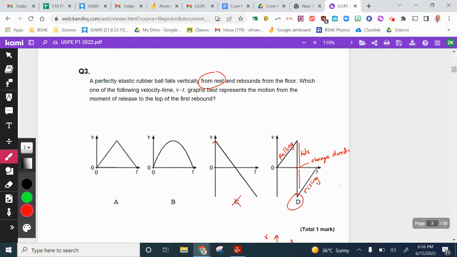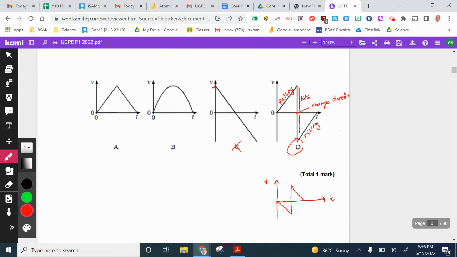And also, as the ball is falling, the gradient is constant and fall is under the force of gravity. So 9.81 is the acceleration, and that's the gradient in both scenarios. Now, in reality, we should draw it like this because we know that when a ball falls downward is a negative direction, a negative value, and then upwards, when it's moving upwards, it is a positive value.